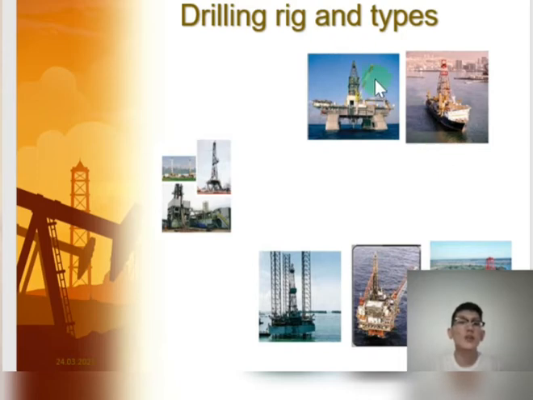They are floating rigs, two of which are located up here, and bottom supported rigs. There are three types: jackup, platform, and barge in the bottom. In floating rigs we have semi-submersible and drill ships.